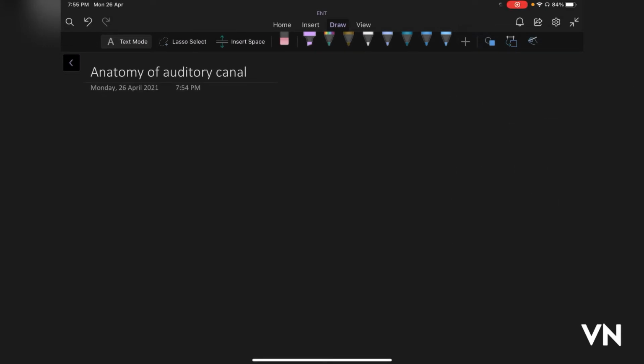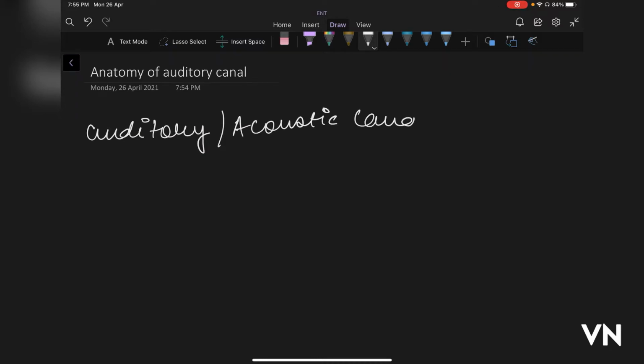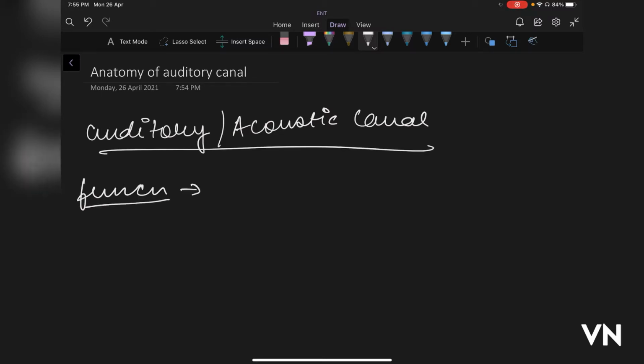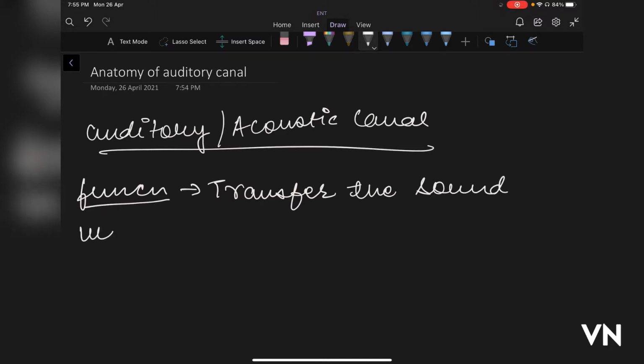Hi everyone, so today we will be discussing the anatomy of the auditory canal. Now, auditory canal is also called your acoustic canal. So basically, the main function of the acoustic canal is to transfer the sound waves to the middle ear.